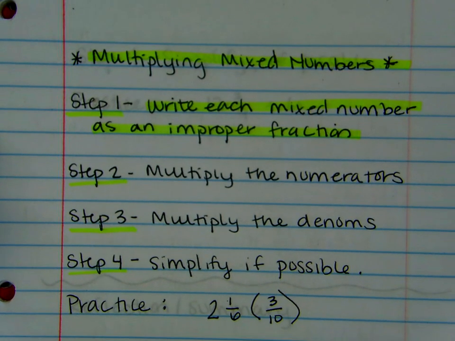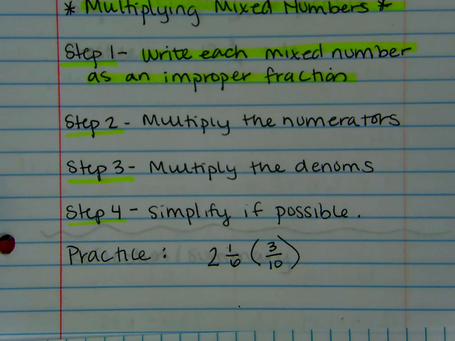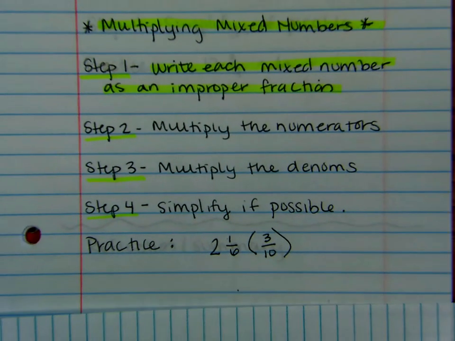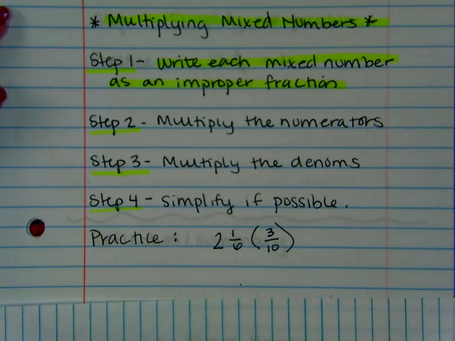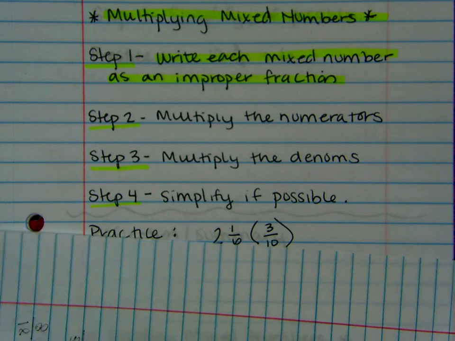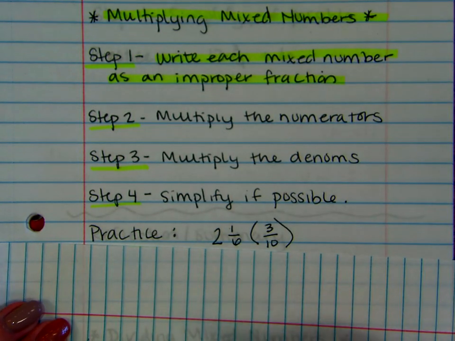All right, so for this, we only have one practice problem, and that one's this one here: 2 1/6 times 3/10. I went ahead and just put one example in here because multiplying mixed numbers is a lot simpler than adding or subtracting them, so you can use this as a reference. Now, once again, in step number 1, we're going to write each mixed number as an improper fraction.